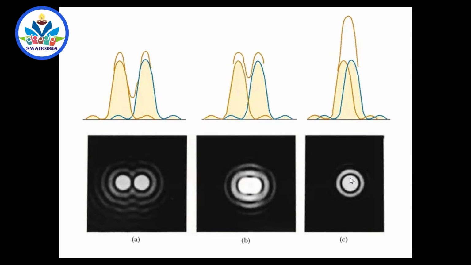Resolving means showing separately. When you look at a mosquito, why can't you see the face of the mosquito very clearly? Can you show the lips, nose, and eyebrows? Eyebrow, isn't it? Eyebrows of a mosquito.